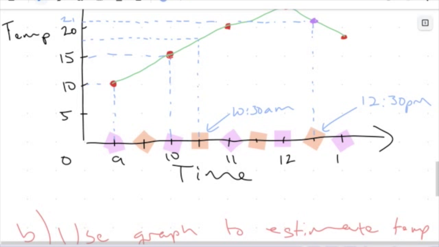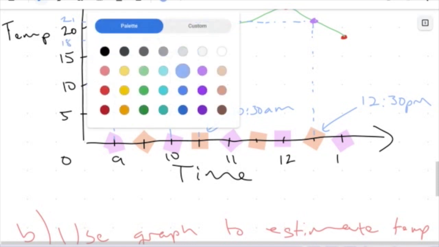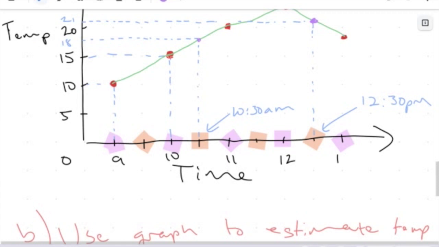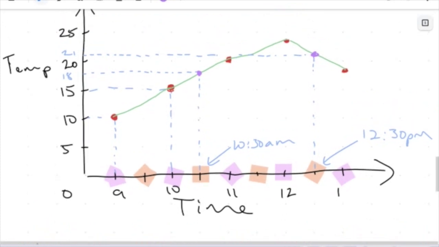And I can say, okay, that gives me roughly about, let's say, 18 degrees here. So this data point at 10:30 a.m. is going to be about 18. And no matter where I go, I can find different temperatures. Why can I do this? Because the variables are continuous numerical variables.